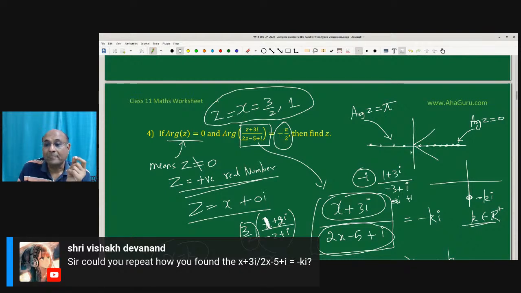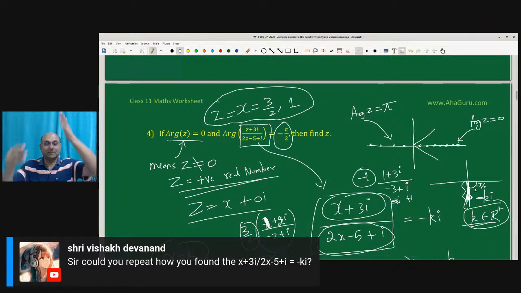The number must lie on this. This is minus pi by 2. It must be in the bottom part of the y-axis. All numbers on the bottom part of the y-axis are minus ki, where k is positive.